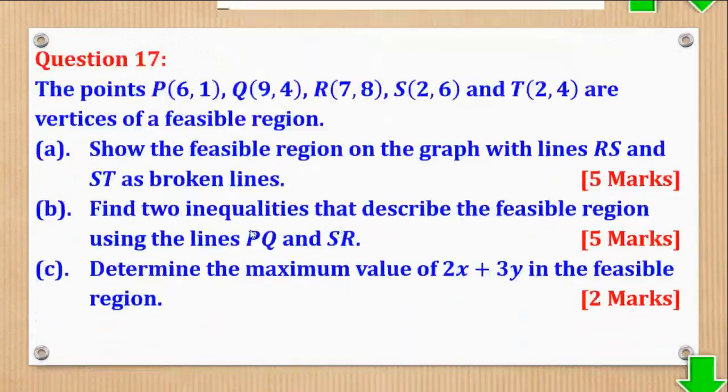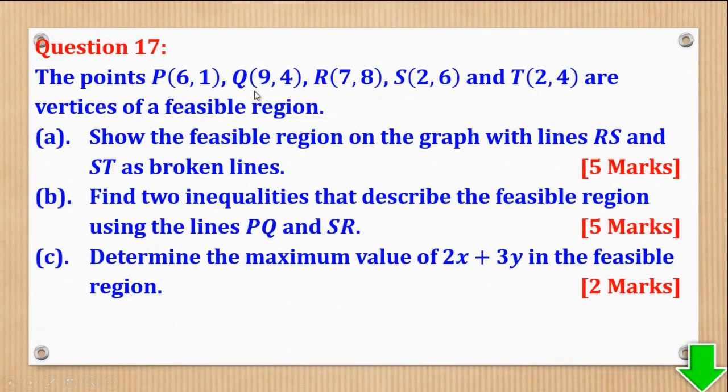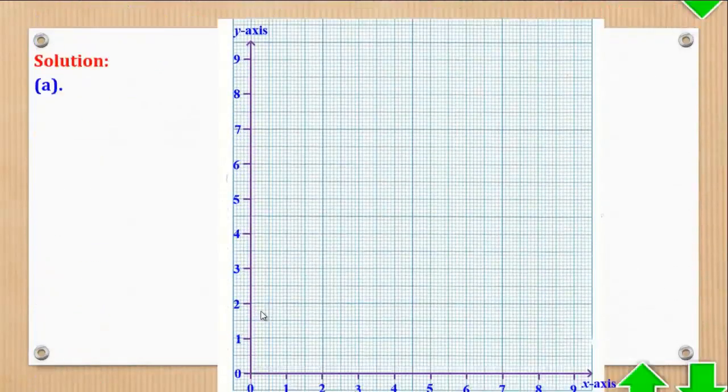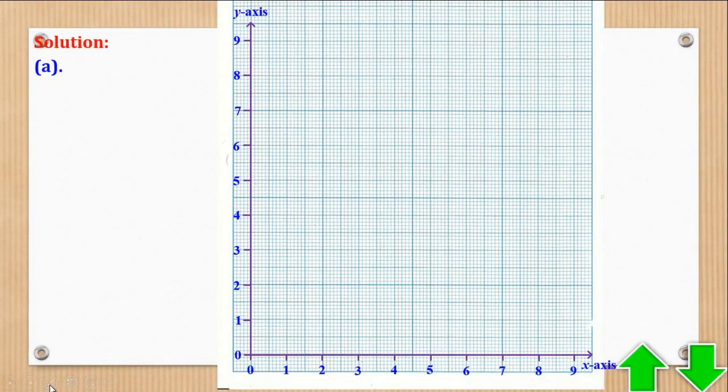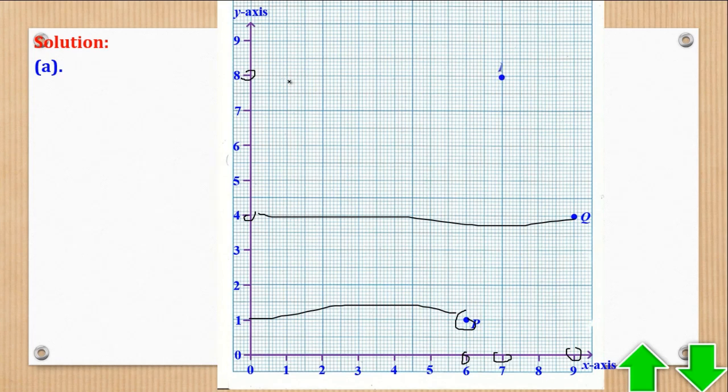Plotting, we have P, which is (6, 1), and Q, which is (9, 4). So P is (6, 1), which is there. Then Q, which is (9, 4), which is there. Then R is (7, 8), which is there.